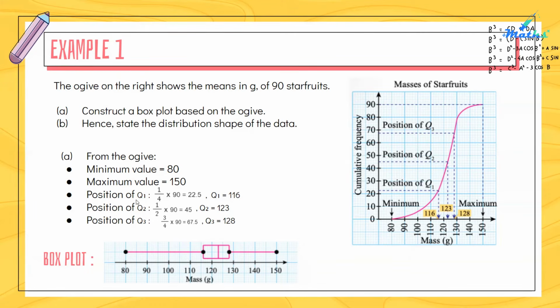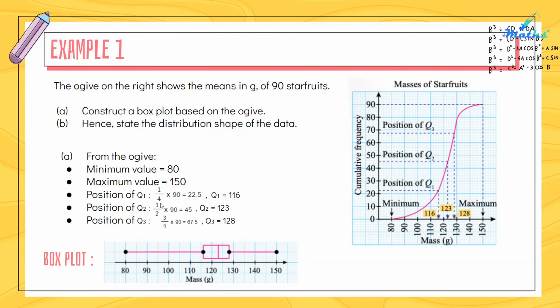For the position of Q1, we use the formula 1 per 4 times total frequency. Our total frequency is 90, equals 22.5. So in the graph, 22.5 is Q1, which is 116.